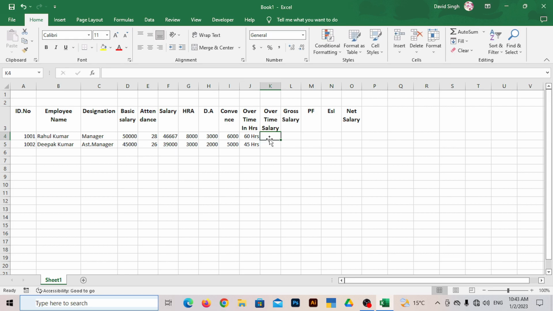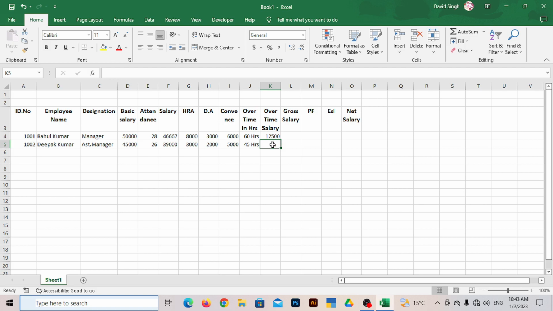Now, how to calculate the overtime? Overtime is equal to basic salary divided by 30. It will determine the one day salary, divided by 8 hours of working, and multiplied by 60 hours. It will determine the overtime salary for 60 hours.